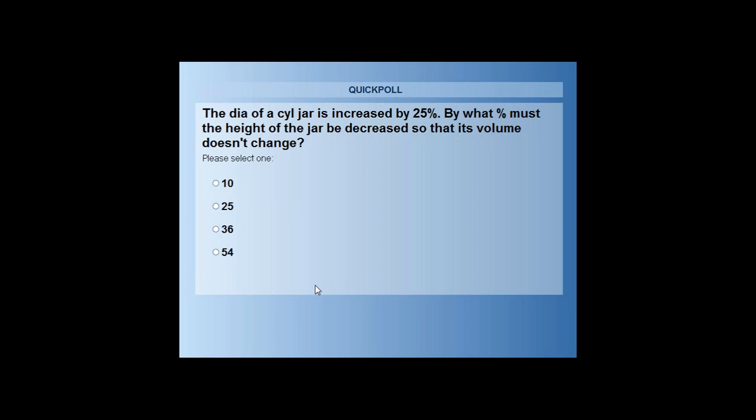Speed of response is slow. I'll give you another 20 seconds. Divided response, but not everyone's responding on this one.